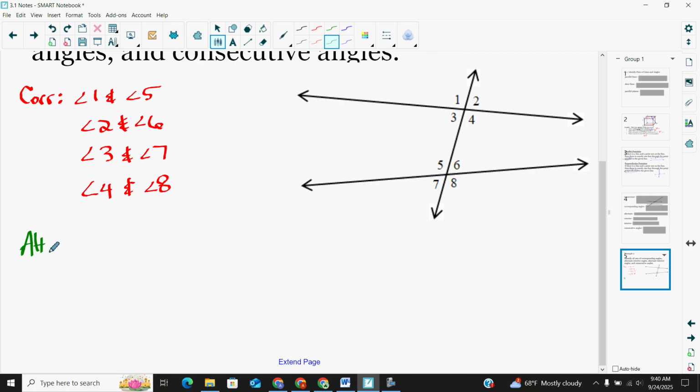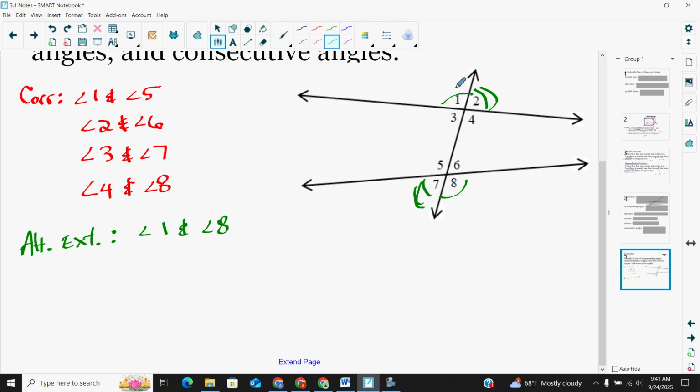Next one it asks for are alternate exterior. Exterior, so we're looking at ones that are on the outside. So 1 and 2 are exterior, 7 and 8 are exterior. I want them to be alternate, so on different sides of the transversal. 1 and 8. 2 and 7.